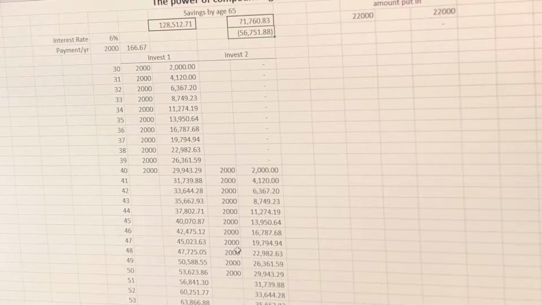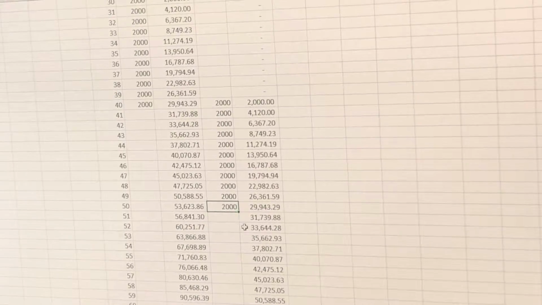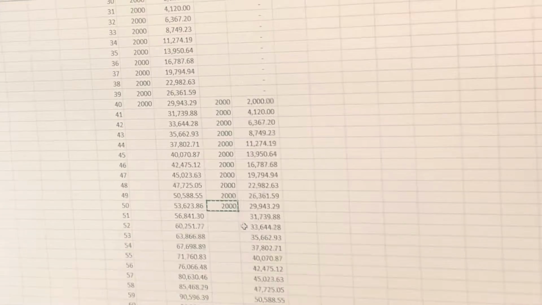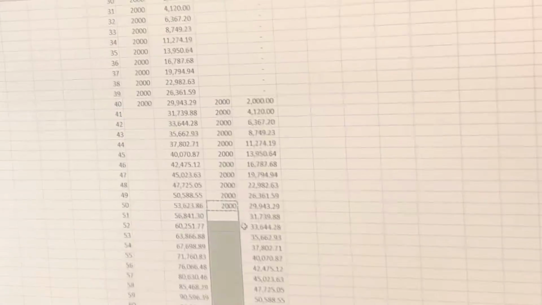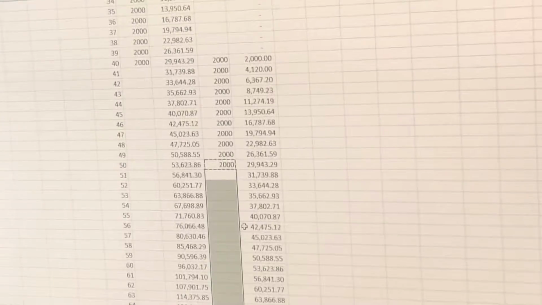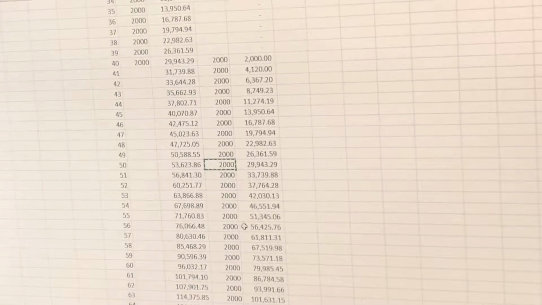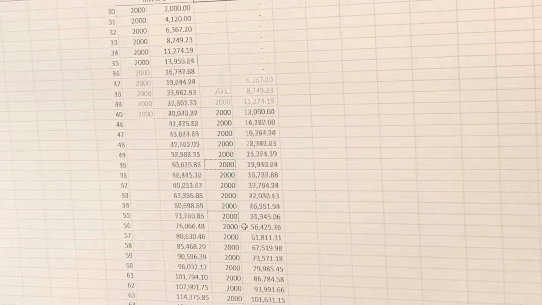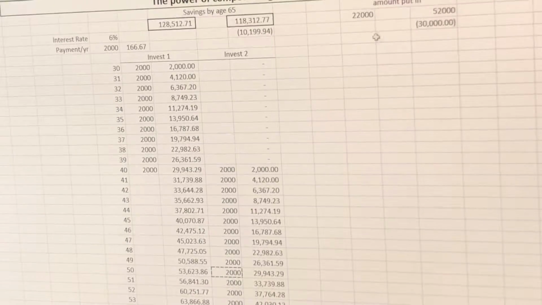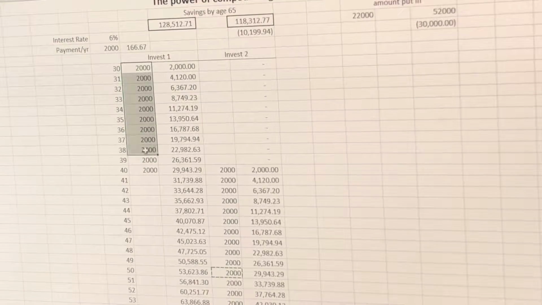Now let's see the power of compounding even more if we kept this up. So we're going to add $2,000 every single year until age 65 and see what happens. So $22,000 still stayed the same in the first investment.